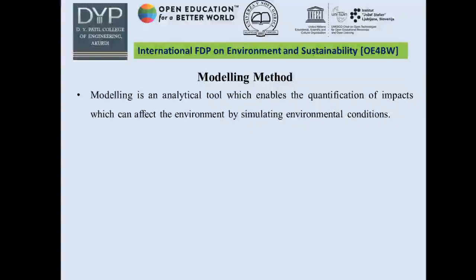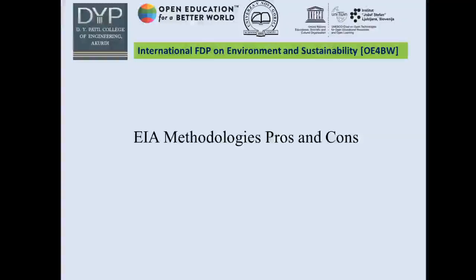The prediction of impact models include physical models, visual models, mathematical models and cartographical models. For example, in environmental studies we also have different models like air quality, water quality, noise, ecological and visual models. Again, it is very expensive, but we get accurate results, but we require trained people and the software.